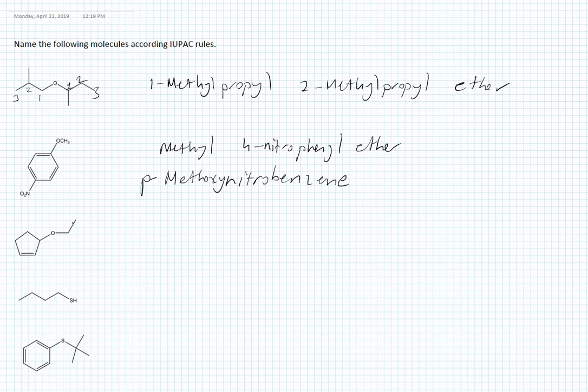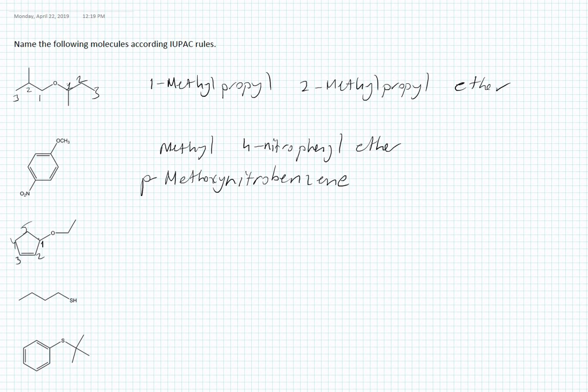Okay, let's move to next option. Again, it's an ether, so this part is ethyl. This part is cyclopentene, but as an alkyl, cyclopentenyl. And let's number. So this is 1, 2, 3, 4, 5.